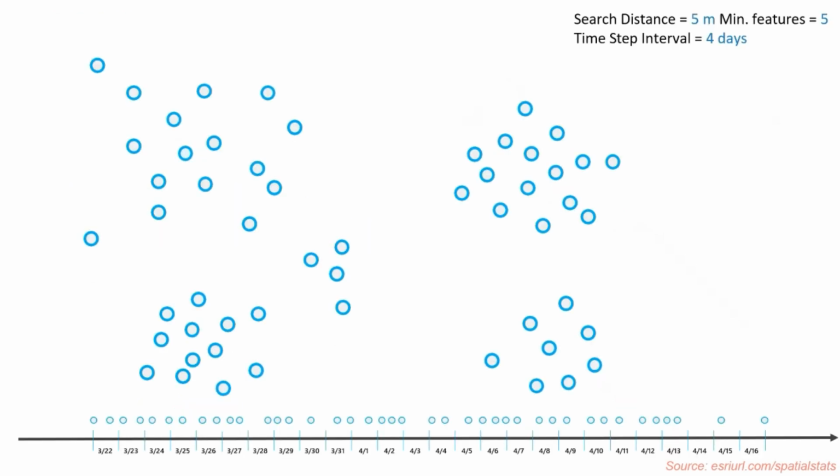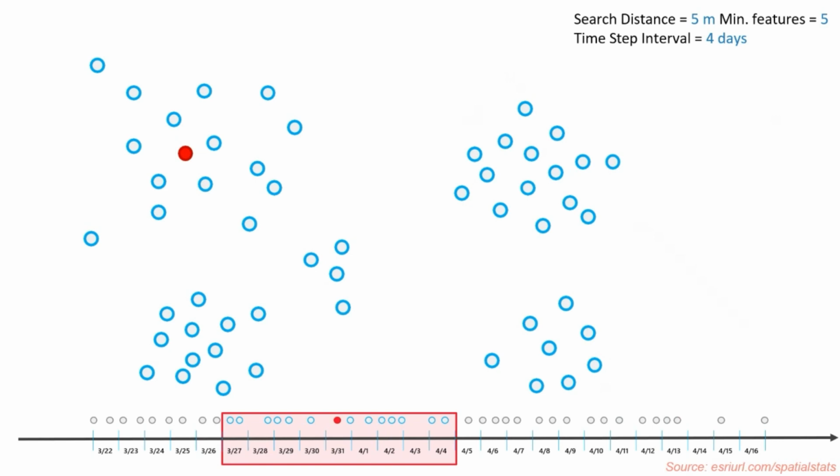And I would also like to include time. So when you say the time step interval to consider is 4 days, what the algorithm will do is it will only consider the points. So let us say this is the point I'm starting with. It will only consider the points that are 4 days before and after the timestamp I have suggested.